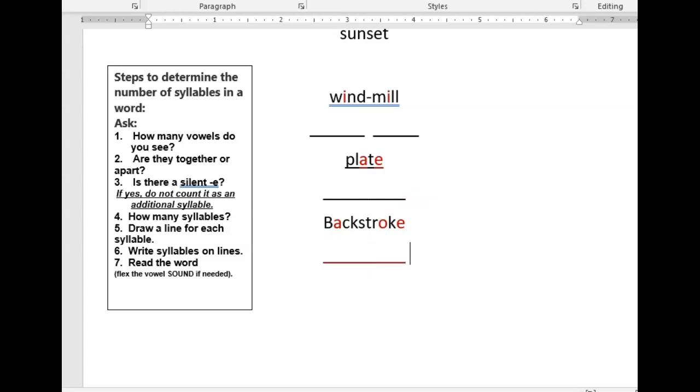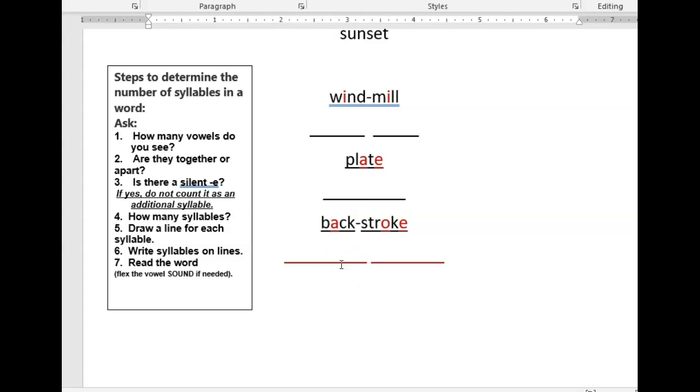So we would draw our two lines to have kids write this. I'm just going to underline within the word here. So the first syllable would be back, and the second syllable would be stroke. Remember that E is silent, and that E's purpose is to make that O say its name. And our word is backstroke.